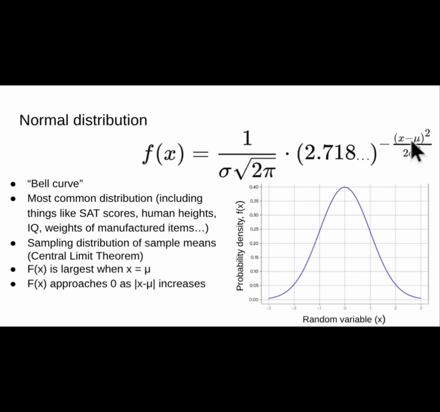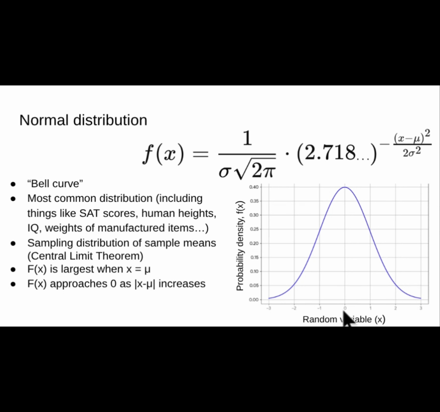So when x is equal to mu, then this x minus mu becomes 0. So this whole exponent falls away. And because this is a negative exponent, it makes the entire value smaller. So when this falls away, that's the largest value for the function. So that's why the normal distribution is always going to peak here at the center where x is equal to the mean.